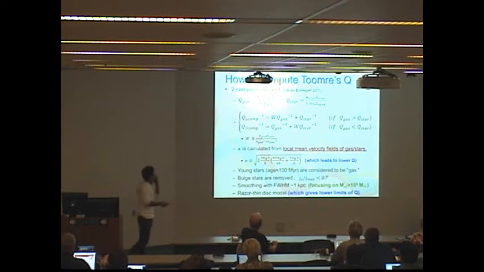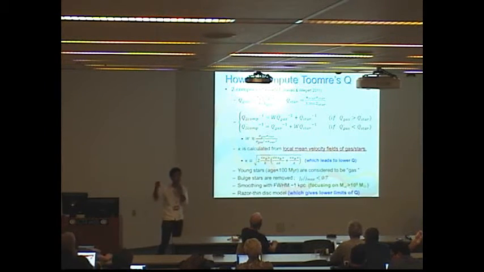Here, a unique point of this method is that I used the local mean velocity to determine kappa. Usually in some studies, kappa is measured using circular velocity determined by the potential gradient. But I use the local velocity field to determine it, for turbulent and perturbed disk galaxies.